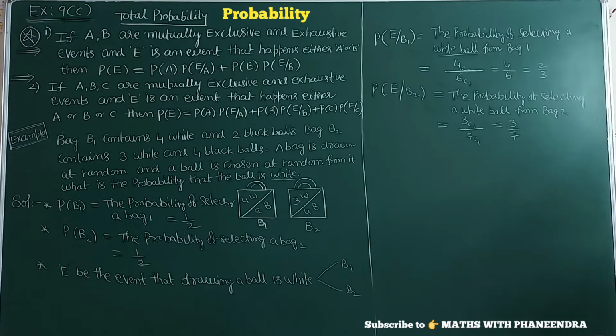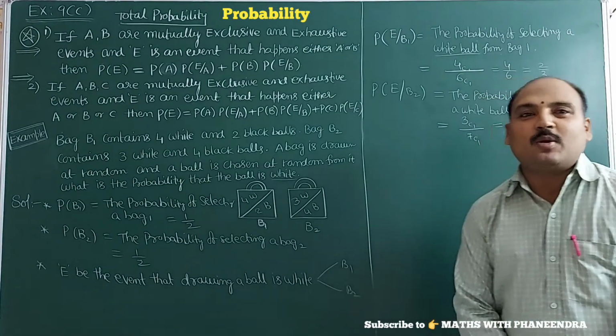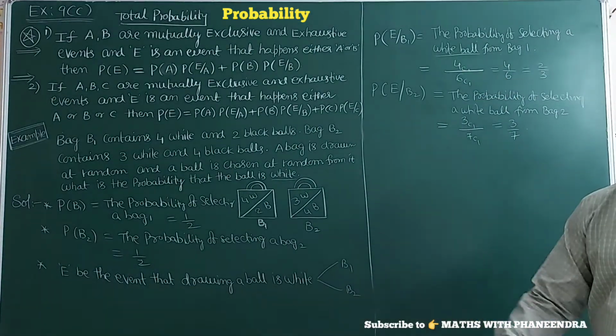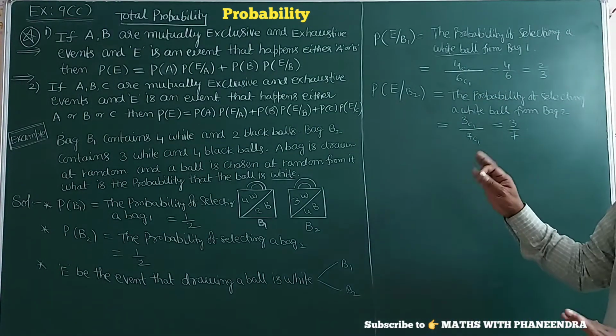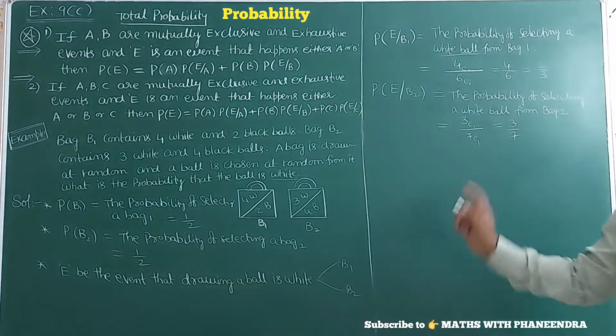So how to get that total probability? How to apply total probability for this question? The doubt will arise. Almost end of the answer. What is the probability that the ball is white?